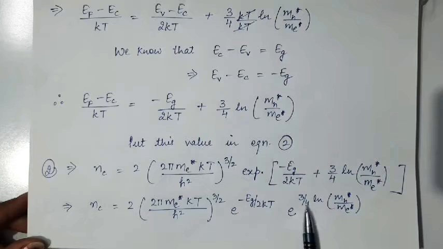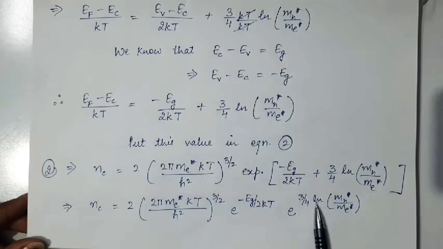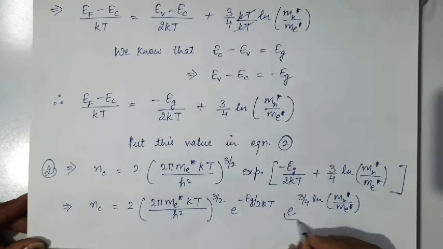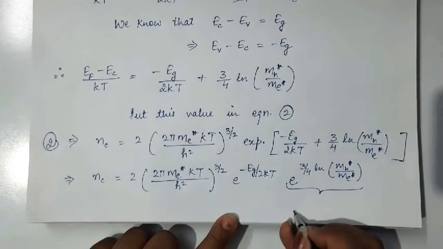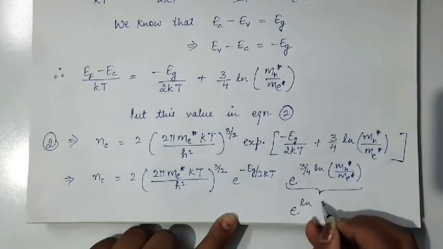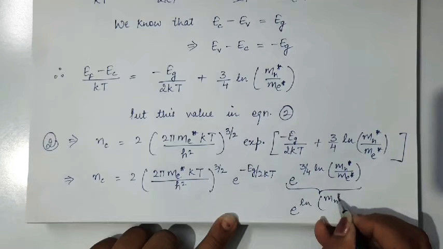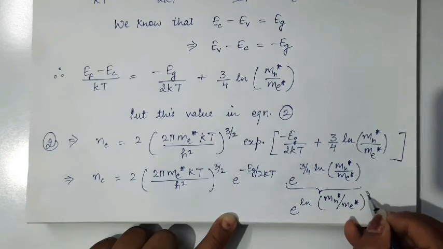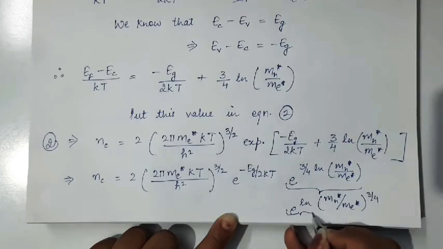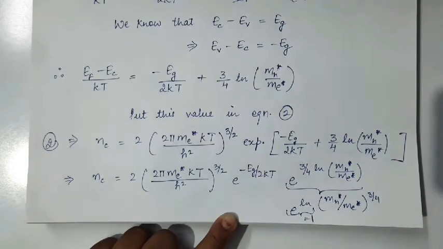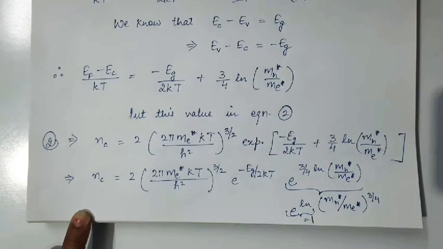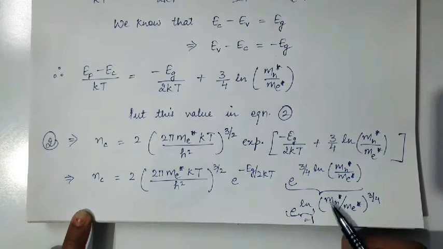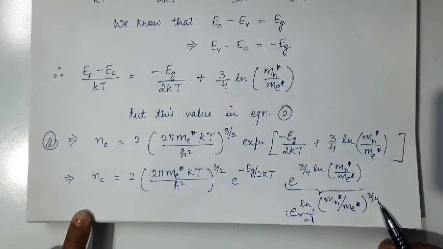Now here this is n log m, so it will become log m raised to power n. This term will become e raised to power natural log (mh star upon me star) raised to power 3 by 4, and this is equal to 1. So we will be left only with this (mh star upon me star) raised to power 3 by 4.